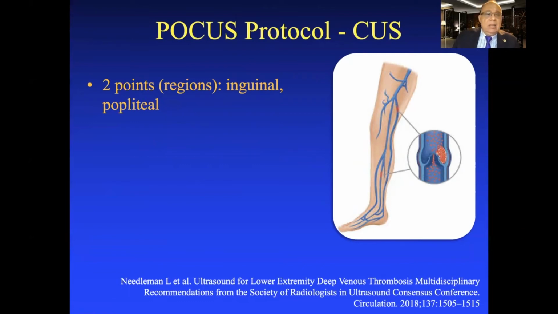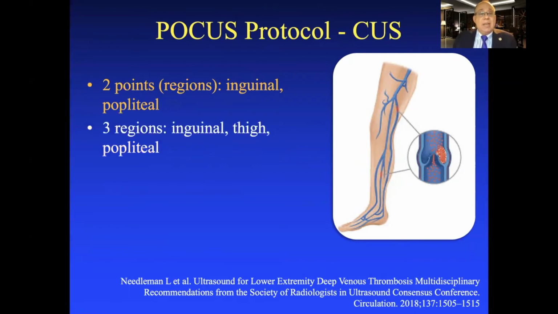But more recently, in many labs, they are using 3 regions. Our lab is one of those for POCUS. 3 regions: inguinal, middle portion of the thigh, and popliteal region. With 3 regions, we can better study the femoral popliteal segment.